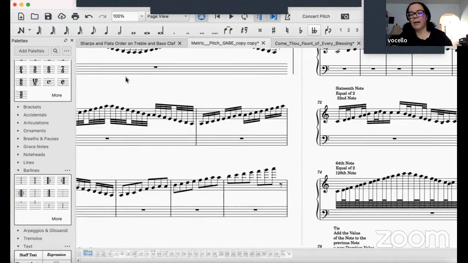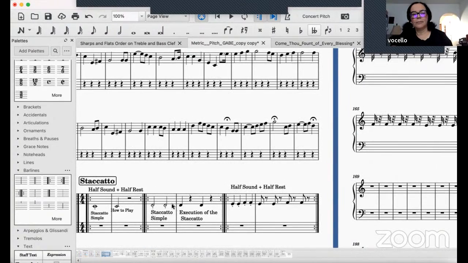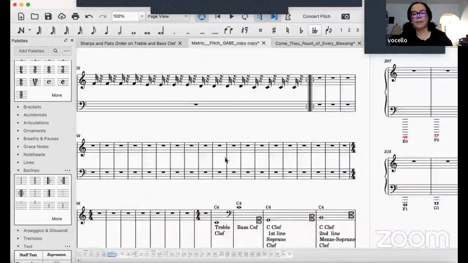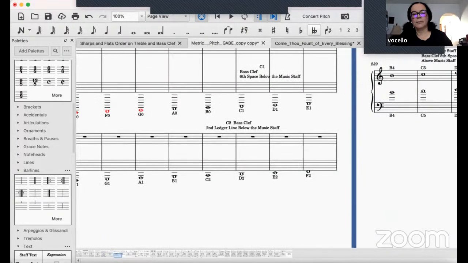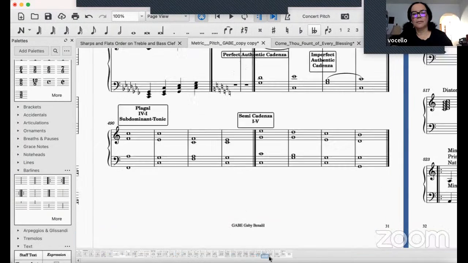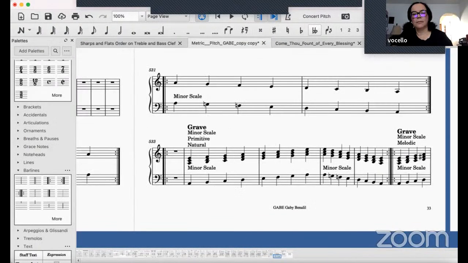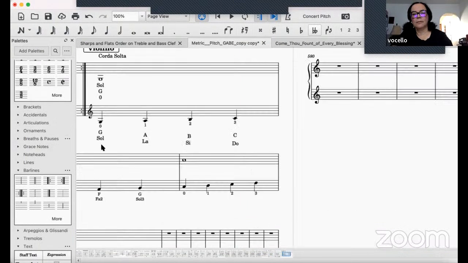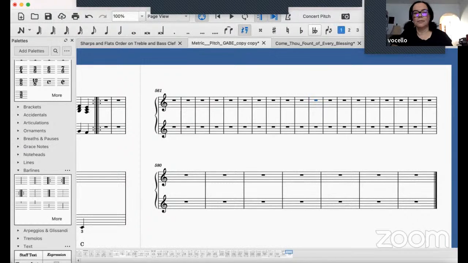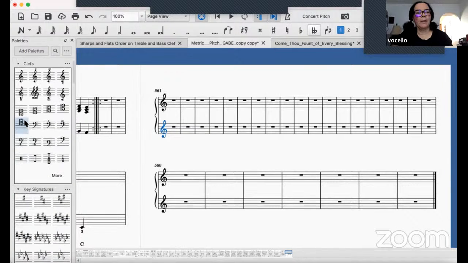Now on the bass clef, let's see here. Let's work on the bass clef first here.